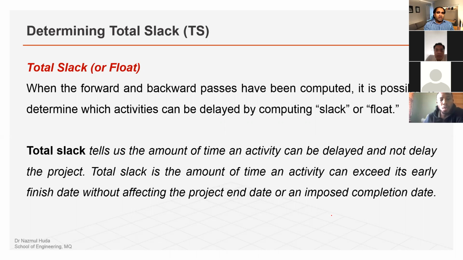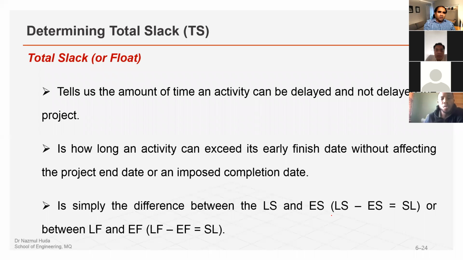In simple words, the total slack is the accumulated flexibility we have in any project chain, in any network chain. It tells us how long an activity can be delayed, how long an activity can exceed its early start or its early finish date, without affecting the project end date.